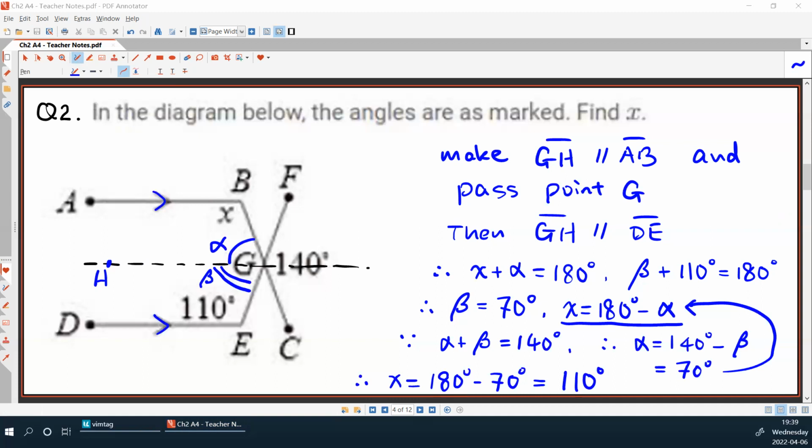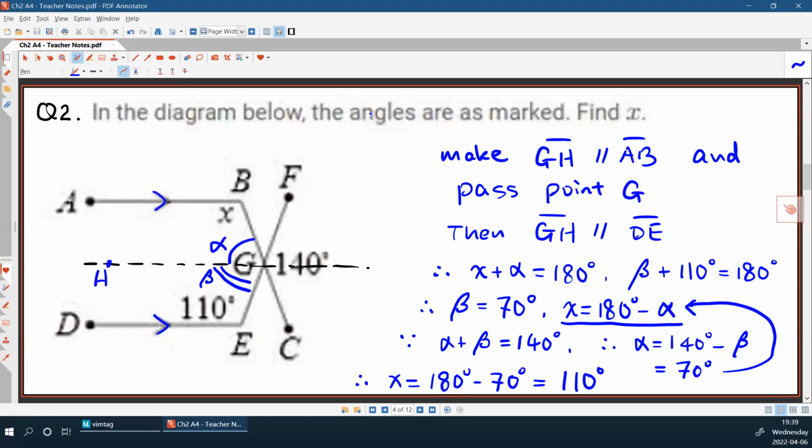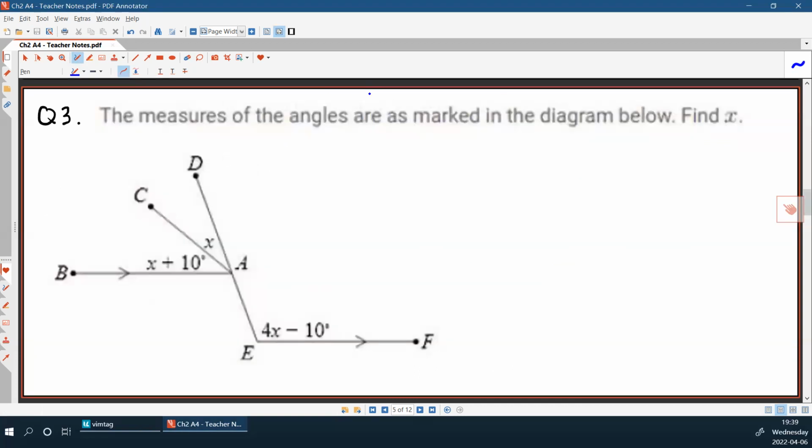Okay, all right, let's have a look at the next one. In this diagram, we have a pair of parallel lines here, right? Line AB is parallel to line EF. Then probably we can use some congruent angles. Remember that our task is to find x here.